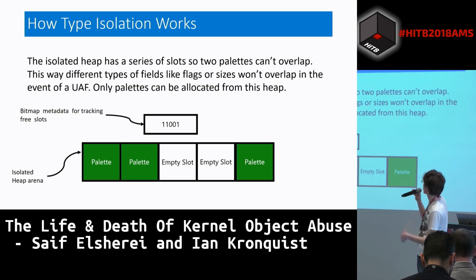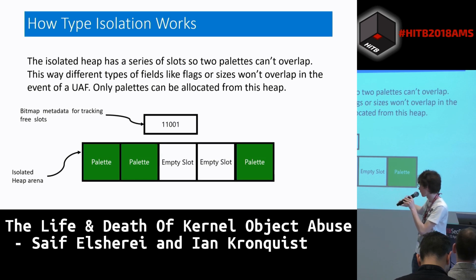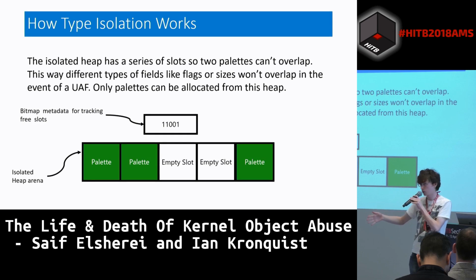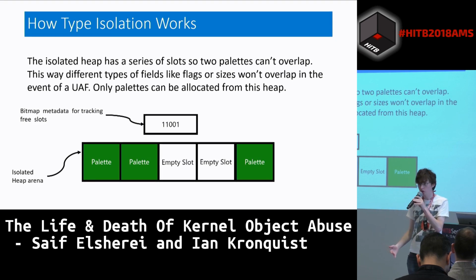You've got a 1 if the slot in the heap is being used by a palette, or a 0 if the slot in the heap isn't being used right now. And we also make sure, and this is important, that every empty slot is zeroed once a free happens. That way there are no old dangling pointers sitting around in that old stale object.